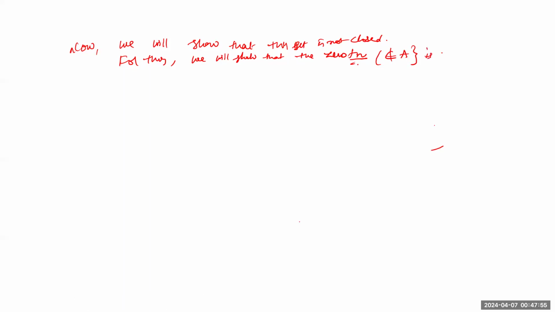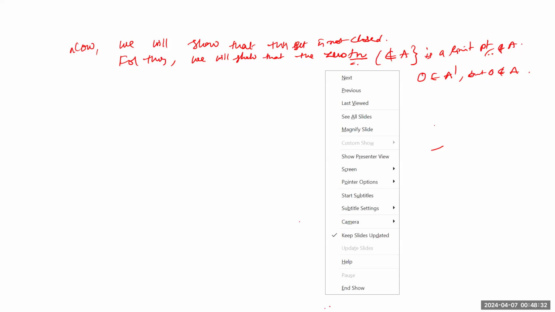But it is a limit point of A, right? That is 0 belongs to A prime, but 0 is not a member of A. So that is, every limit point of A is not a point of A. Automatically, by definition, it is not closed, right?